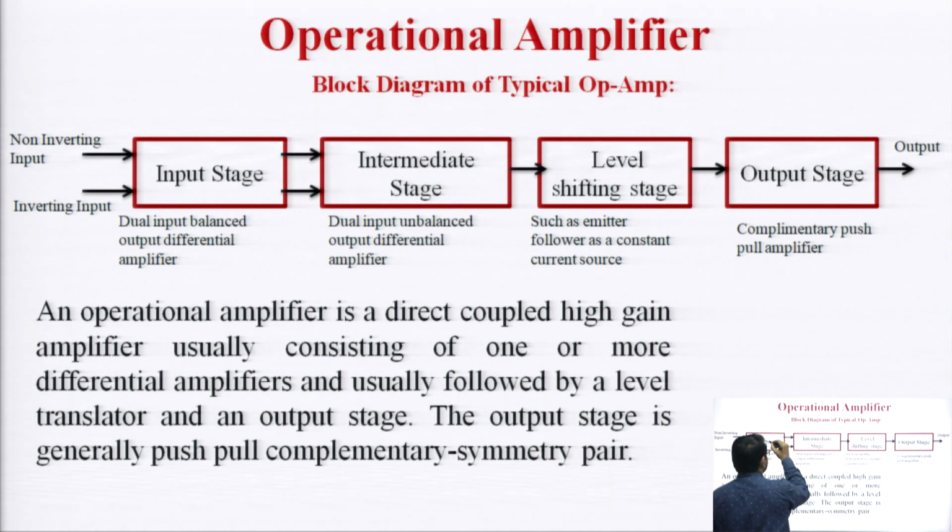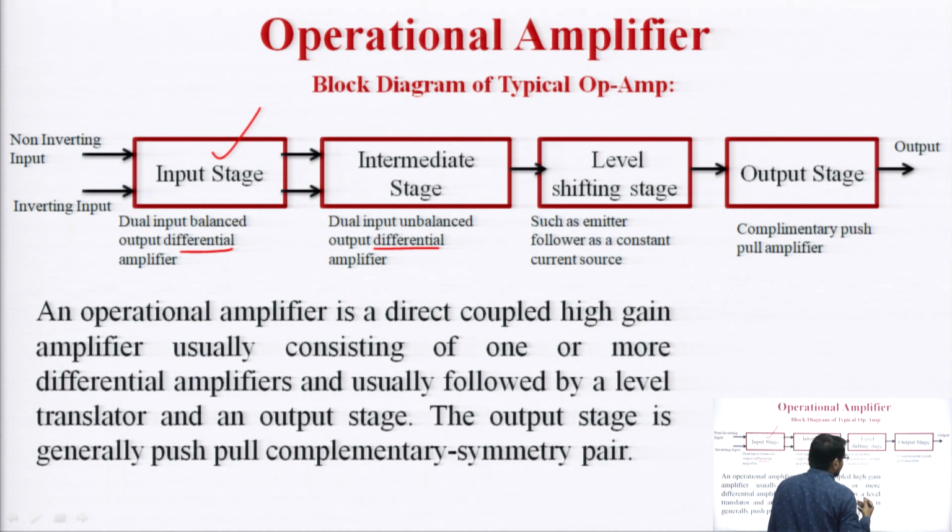First block is the input stage, which is the dual input balanced output differential amplifier. We will discuss in detail what the dual input balanced output differential amplifier is. Second block is the intermediate stage, that is the dual input unbalanced output differential amplifier. Third is the level shifting stage, we can say the level translator stage, such as an emitter follower.